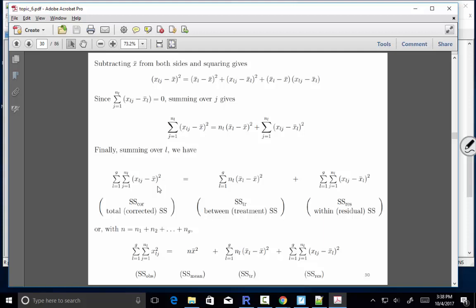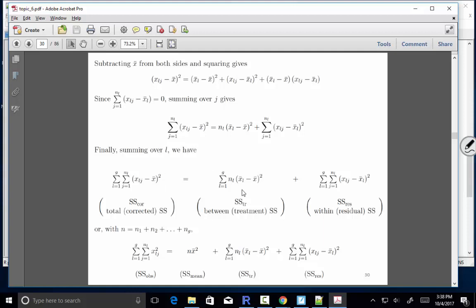So this SS total is kind of like a variance. We didn't divide by anything, but it's a sum of squared deviations, which is like a variance of the data points themselves relative to an overall mean. So it's like total variation.